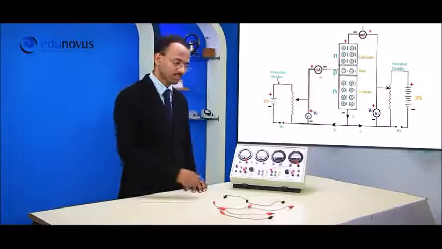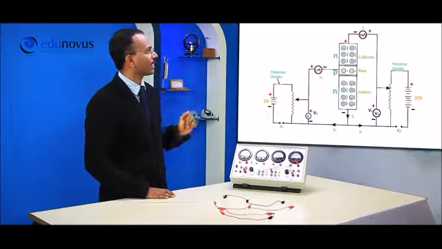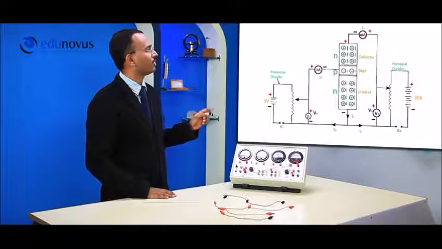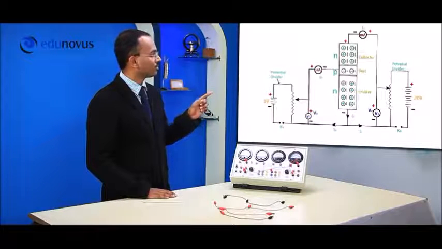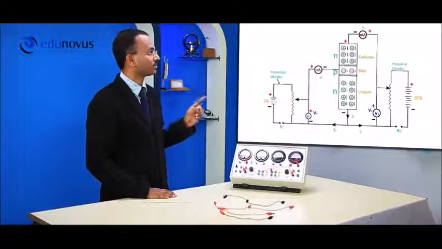Now let's use these 3-pin connecting wires. As you can see in the circuit diagram, the positive terminal of the power supply, the positive terminal of the voltmeter and the positive terminal of the ammeter are all connected together in both the input and output circuits.